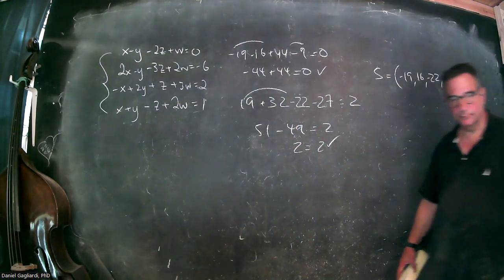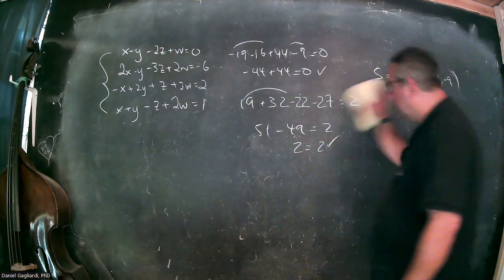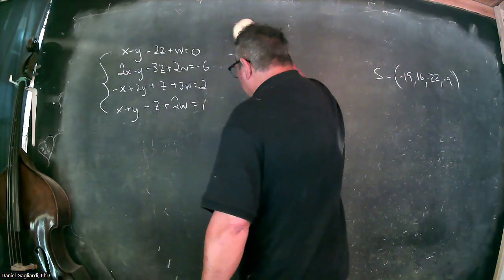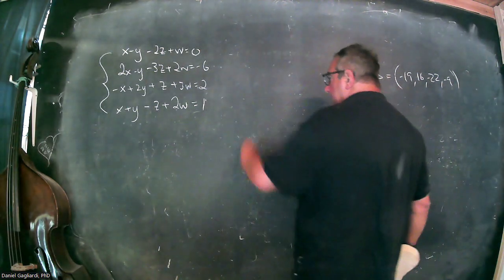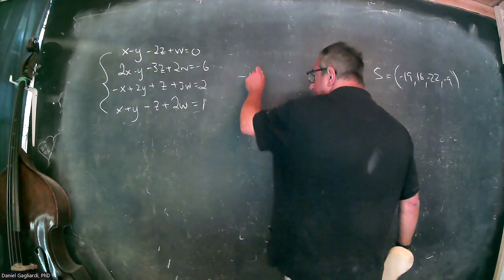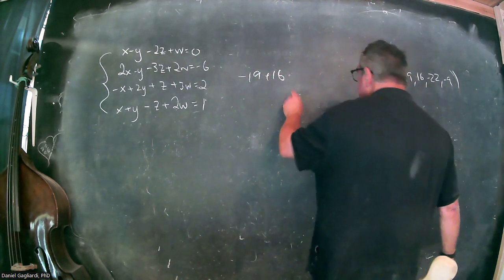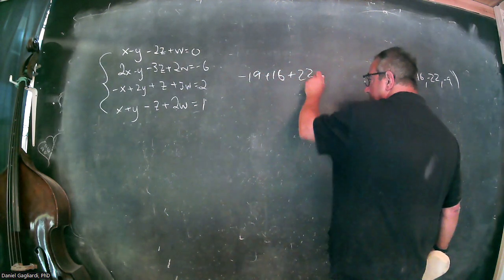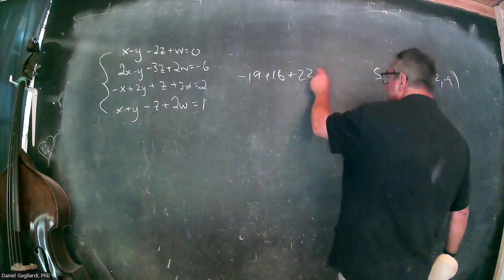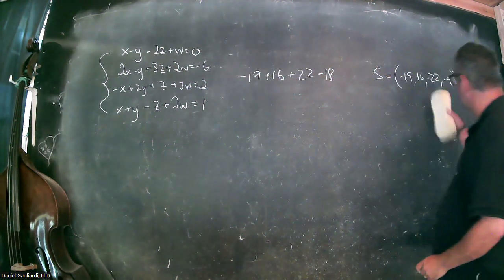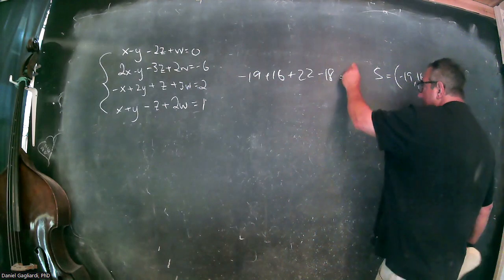Good. And finally, for this process of checking, we'll look at the fourth equation, right? So we have negative 19, we have positive 16, we have positive 22, and we have negative 18, right? Because that's 2 times negative 9, and that's supposed to be equal to 1.